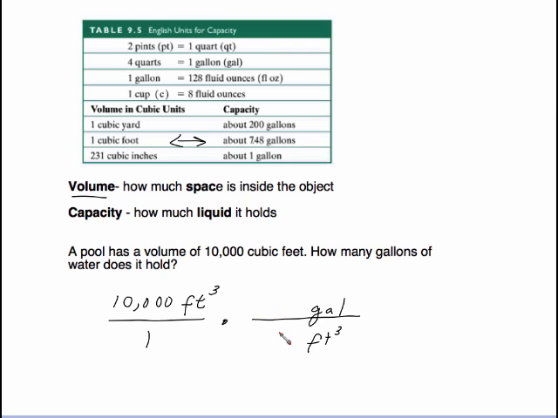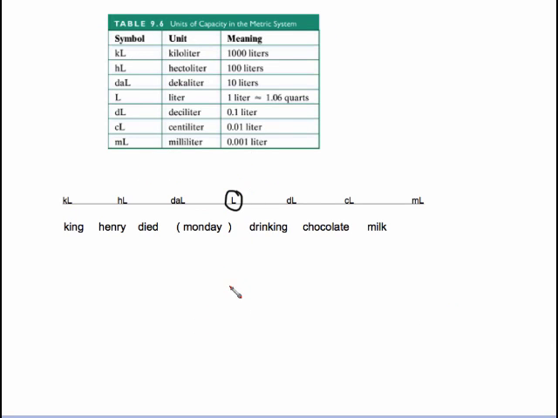So 1 cubic foot has 7.48 gallons. When we multiply, the cubic feet will disappear, and it's just a matter of multiplying 10,000 times 7.48, which is 74,880 gallons. So it's the same thing we did in 9.1, we just have different conversion units to use, and you will have the charts available for those conversions.